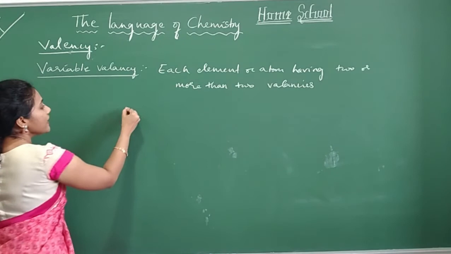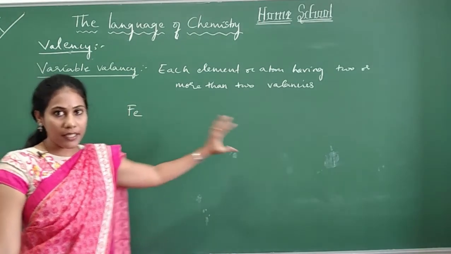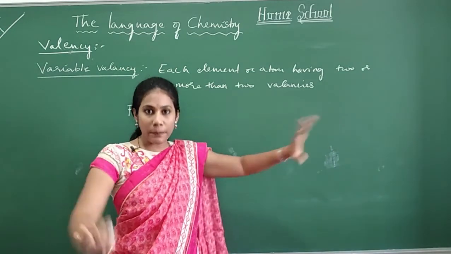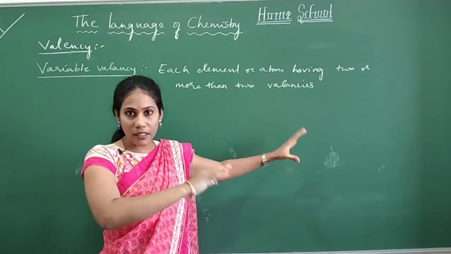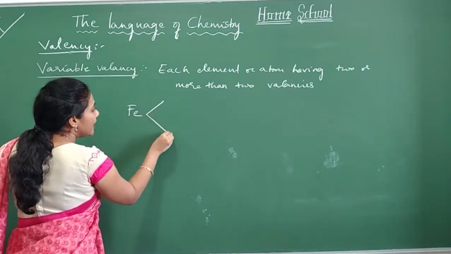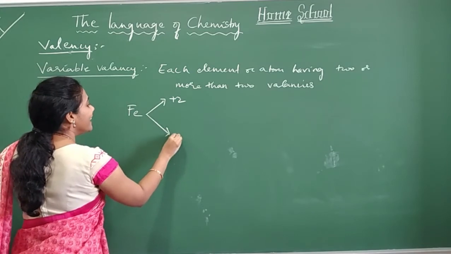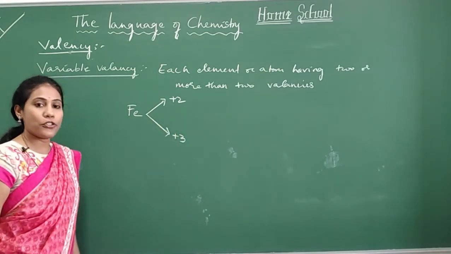Okay, say for example iron is there. Iron will come in that group number 3 to group number 12 category, the middle of the periodic table, and iron has two valencies here. Iron has +2 valency and iron has +3 valency also.